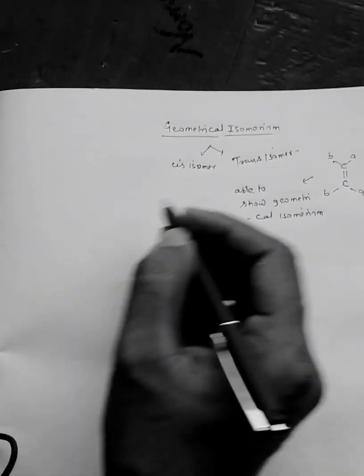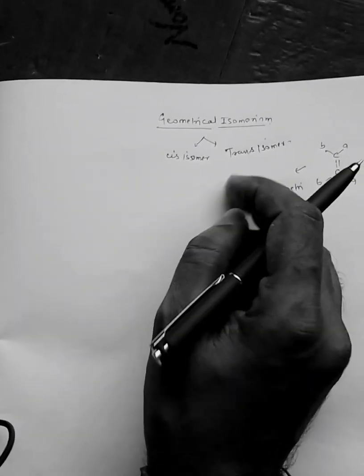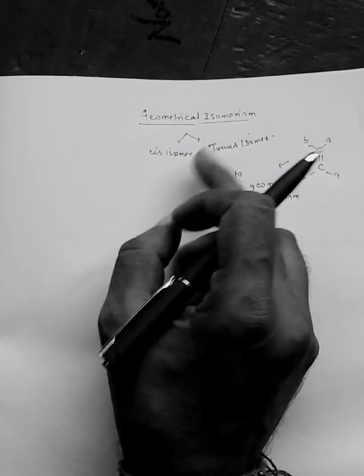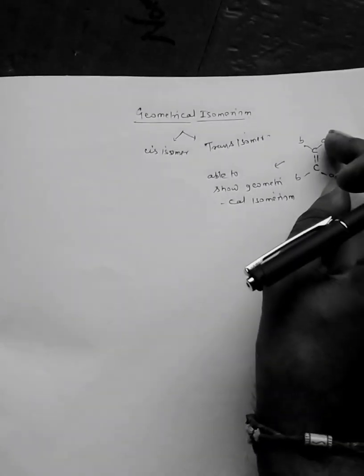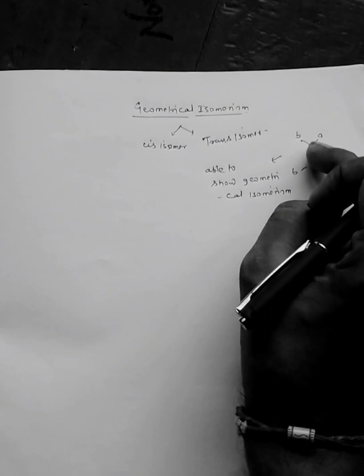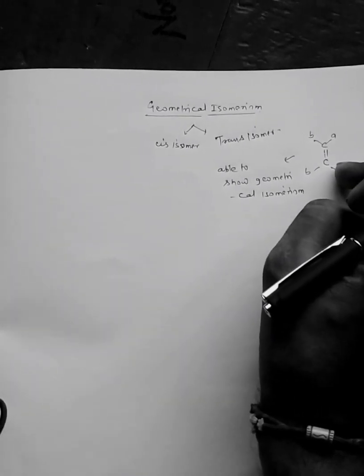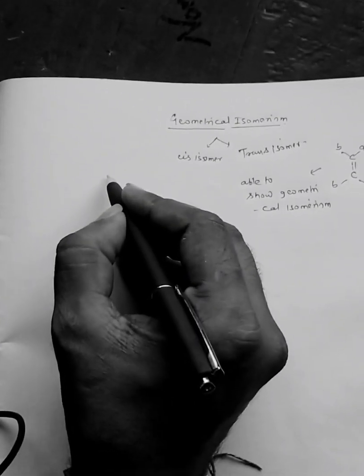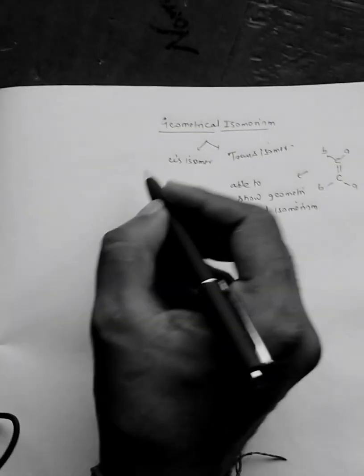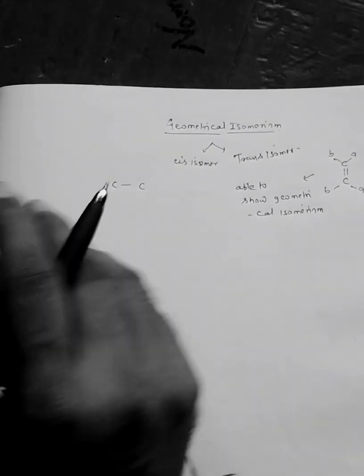Okay, so what is cis and what is trans? Cis and trans are only seen if two carbons contain a double bond and each terminal carbon contains different groups. So why is geometrical isomerism not present in a carbon single bond?